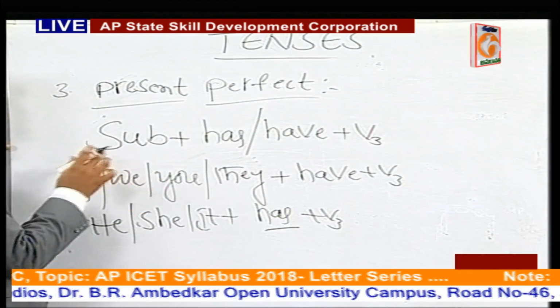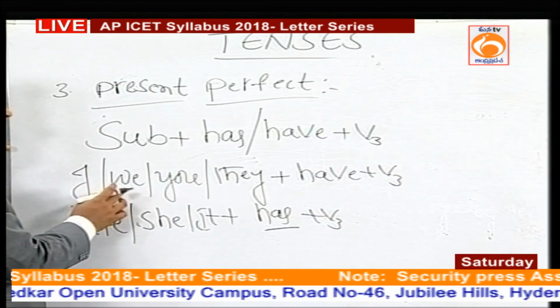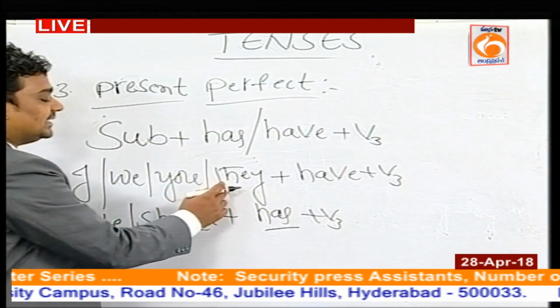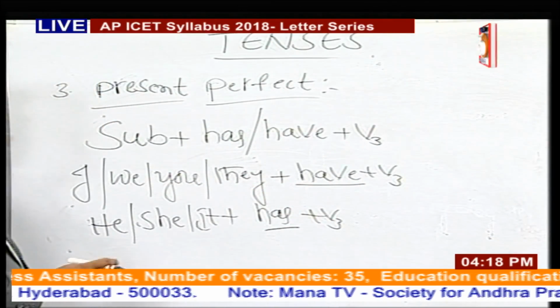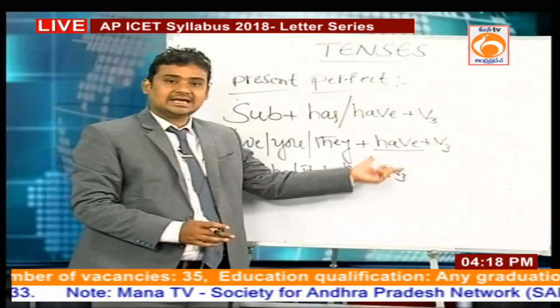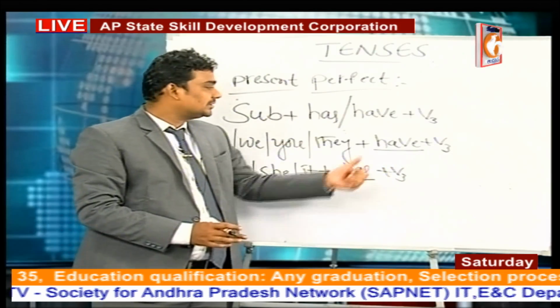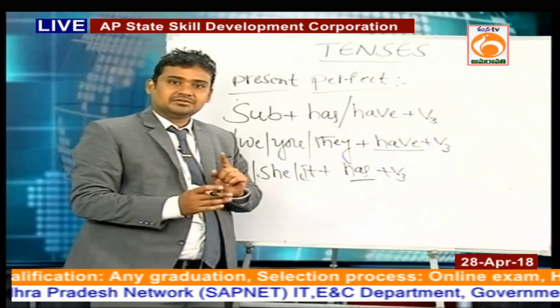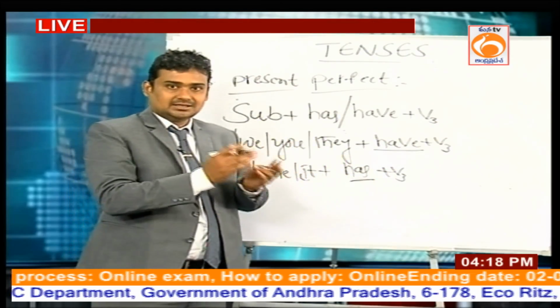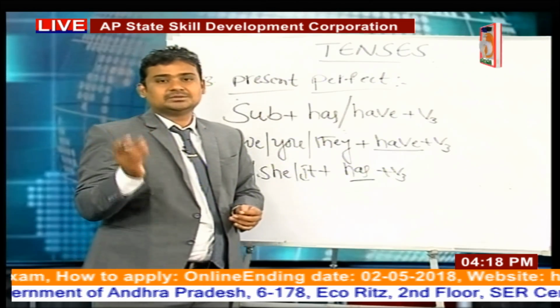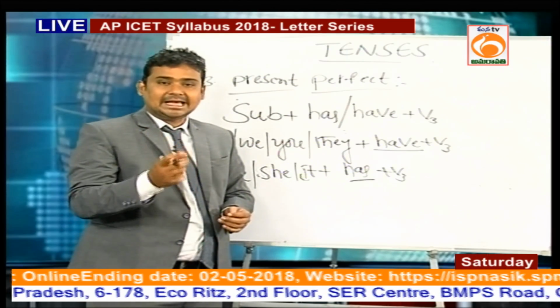If we are using the subject I, we, you, and they, the following helping verb is have. So I think you now know where you should use have and has in present perfect tense. Have is used before I, we, you, and they. Has is used before third person he, she, and it.